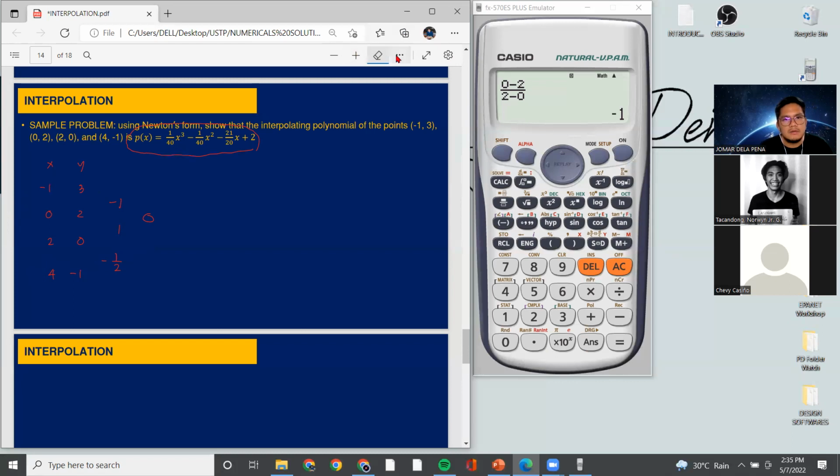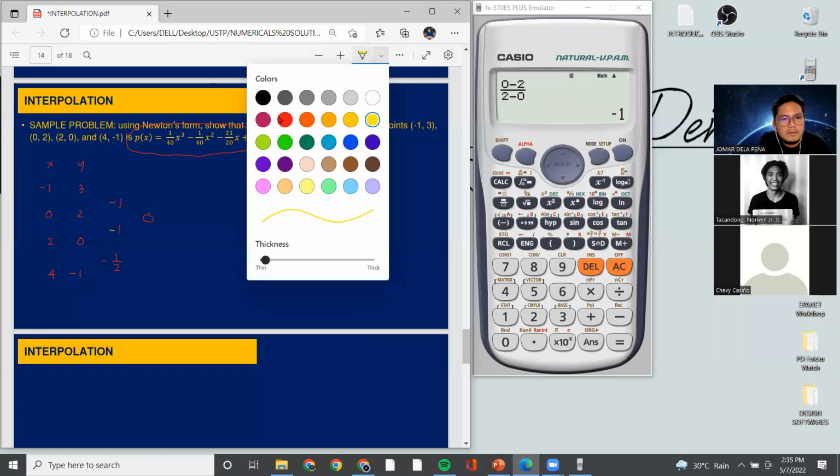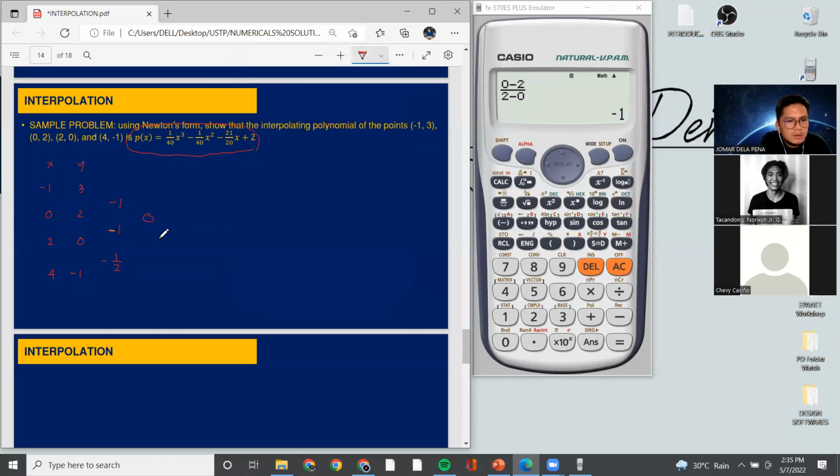Okay? So we have negative 1/2 plus minus 1, this is negative 1. No? So ang iyang answer is positive 1/2 divided by 4. That is positive 1/8. Okay. The next is 1/8.